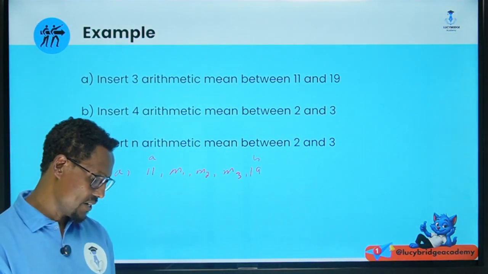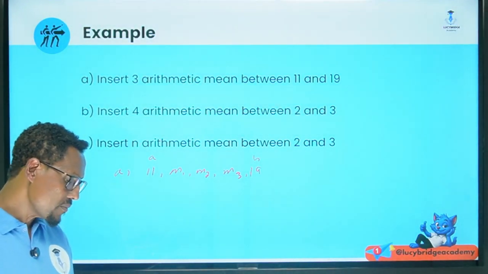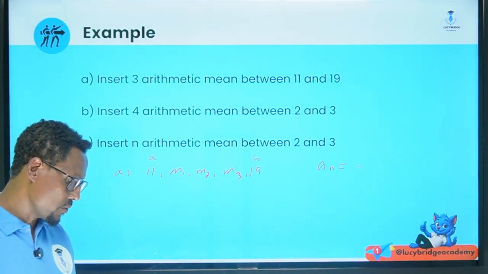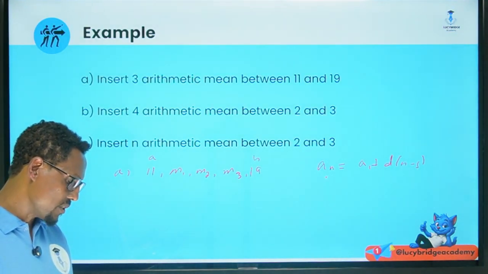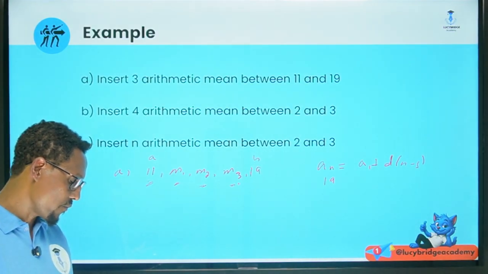So how can we find these 3 terms? I know that the nth term of an arithmetic sequence is An, which is equal to A1 plus D times N minus 1. So 19, which is the last term, where the value of N is how much? There are how many terms? 1, 2, 3, 4, 5 terms.